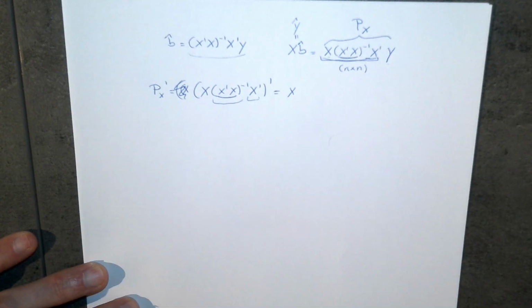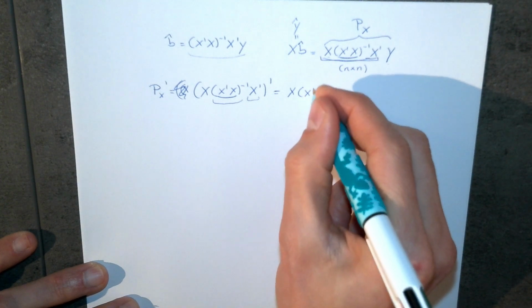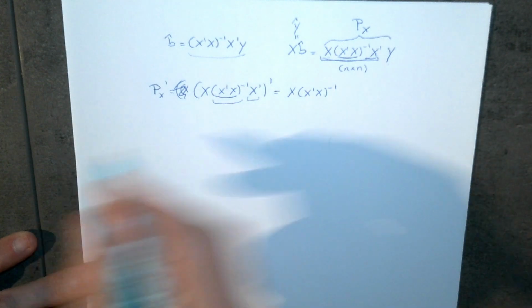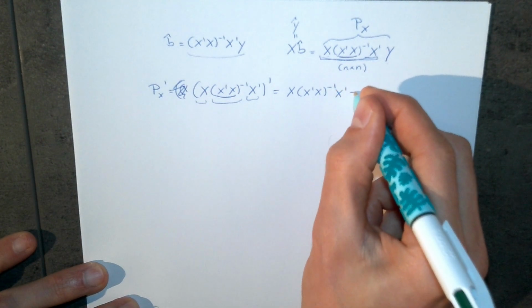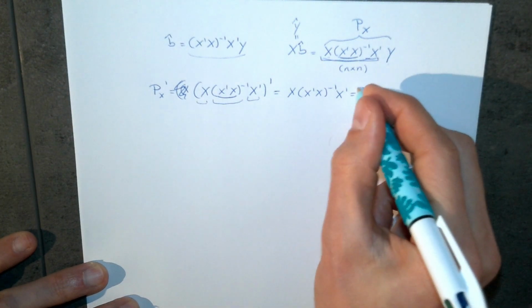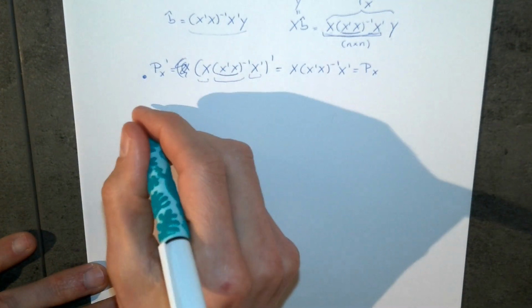The inverse of a symmetric matrix is symmetric, so this is simply the same as (X'X)^-1, times the transpose of X'. So we get that the transpose of Px is equal to Px, right? So the matrix Px is a symmetric matrix.